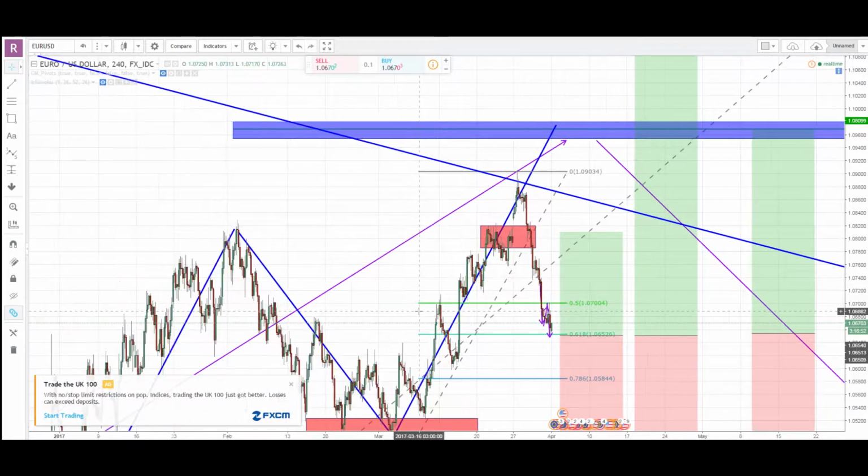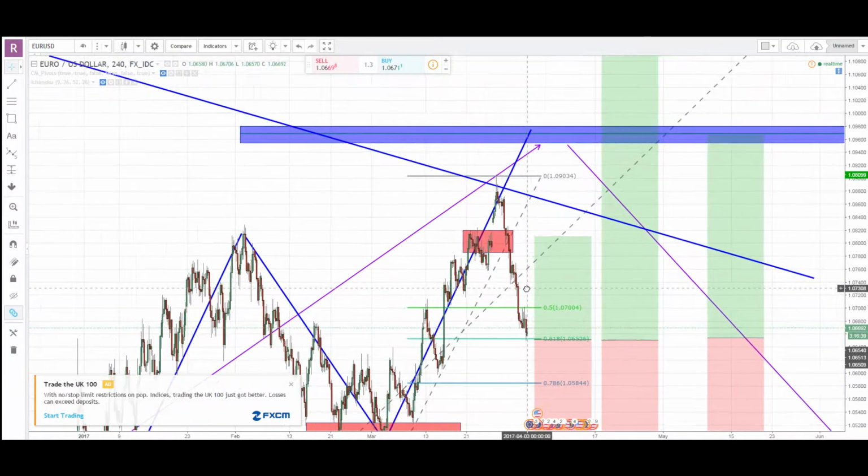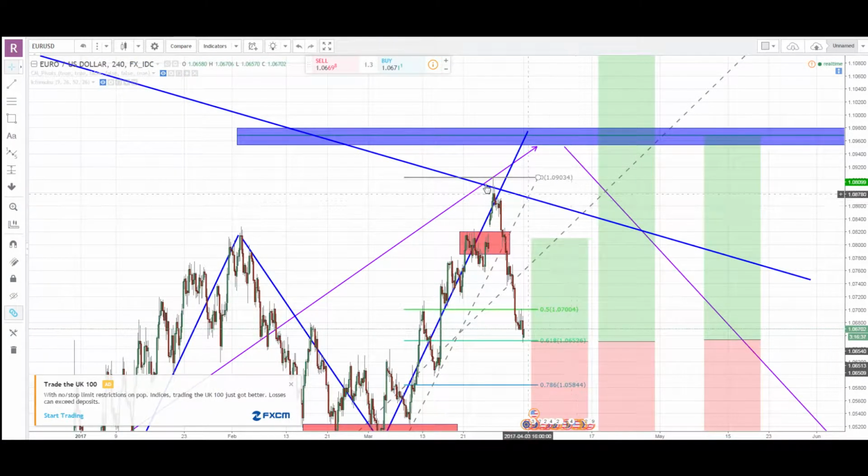Now what is the price doing? Price actually went down to gain more momentum. Momentum is just the strength of the pair. Getting momentum just allows the price to break the structure.